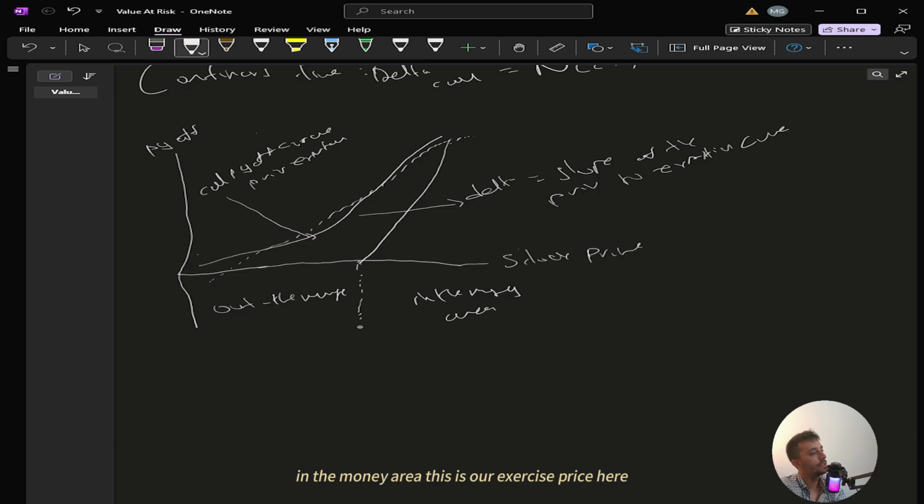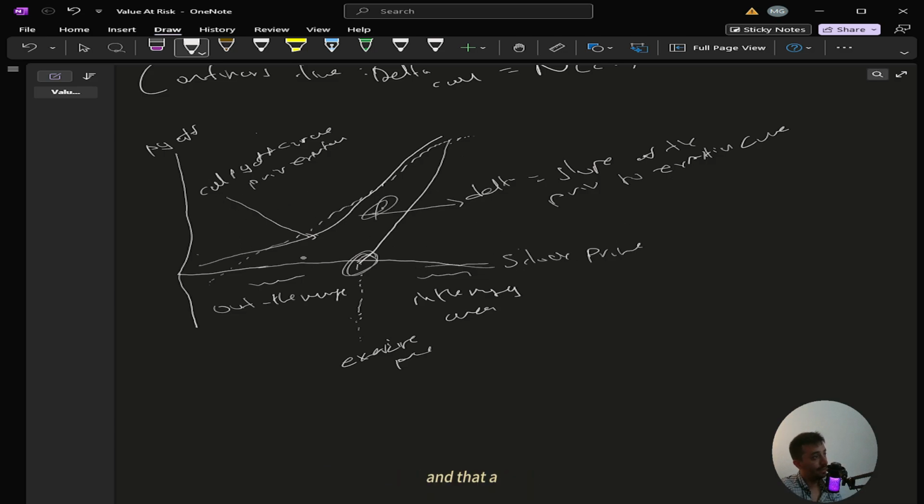This is our exercise price here. Here is in the money, here is at the money. We have the call payoff curve at expiration, and here is delta, the slope of the prior to expiration curve, and this is the stock price, in the delta graphical depiction.